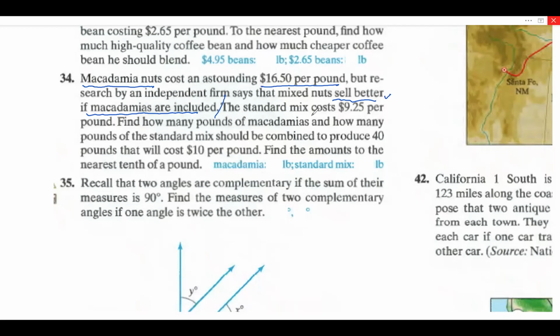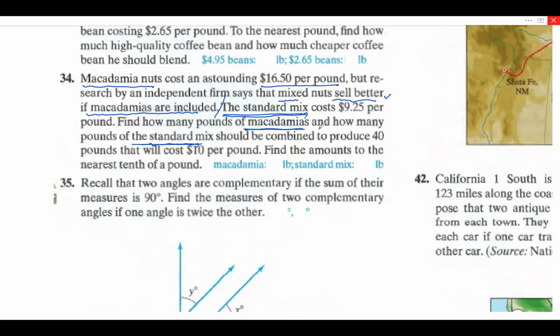Let's read the second sentence. The standard mix costs $9.25 per pound. Find out how many pounds of macadamia nuts and how many pounds of standard mix should be combined to produce a mix. One is from the macadamia, the other from the standard mix.